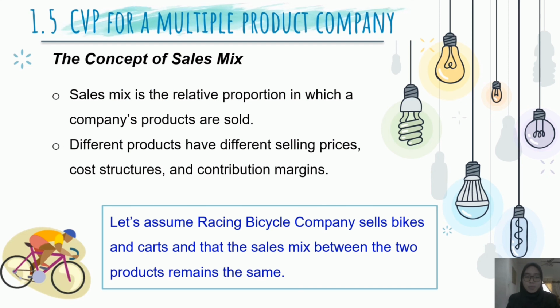Different products have different selling prices, cost structures, and contribution margins. To get more understanding about this, let's assume Racing Bicycle Company sells bicycles and carts, and that the sales mix between the two products remains the same in our examples.